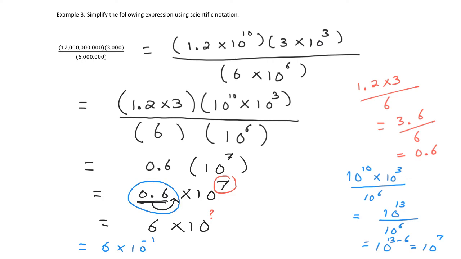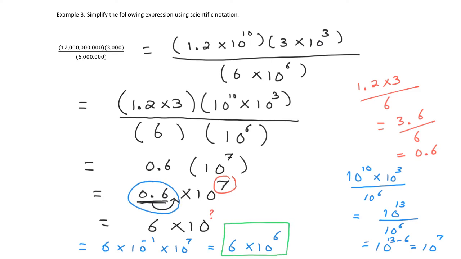And then I'm just going to copy down the previous number, which was 10 to the power of 7. If I now add those two exponents together, that's 6 times 10 to the power of 6. And that 6 came from negative 1 plus 7. So now we're all set. This part here is the final answer to the problem.